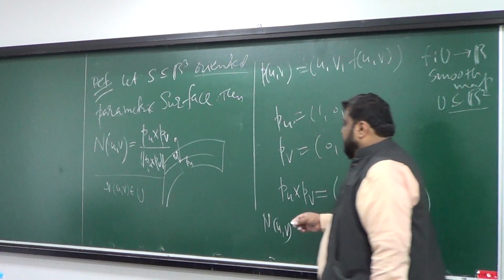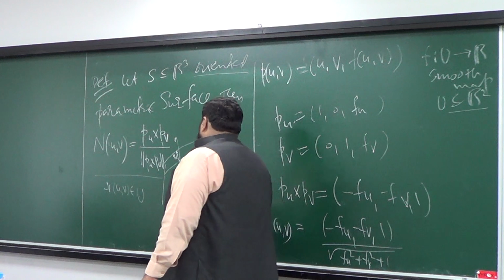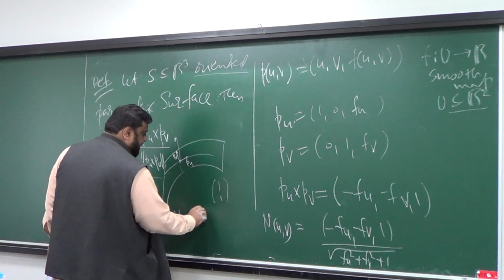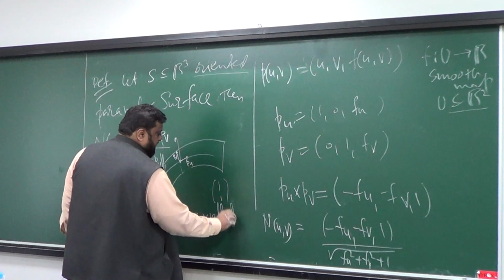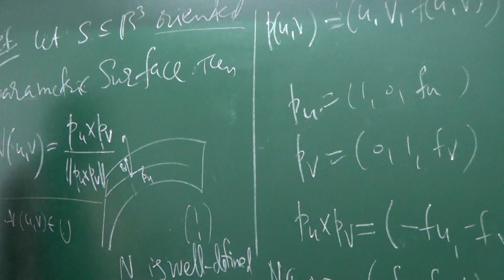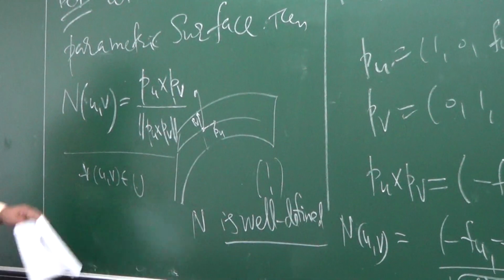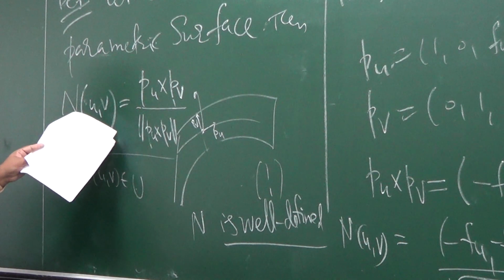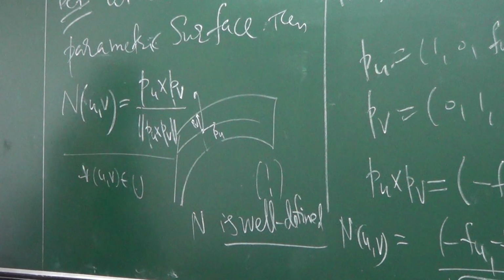So maybe this would be a good exercise, to prove that n, the normal, is well-defined. And by well-defined, I mean, if you reparameterize it, the formula for computing the normal vector would be the same.